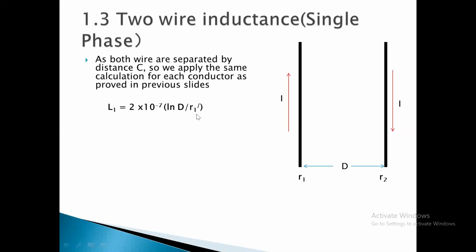So I will just put the value of D here and the value of r1 dash. You know the value of r1 dash, right? We multiply the radius by e to the power of negative 0.25. It's very easy here.